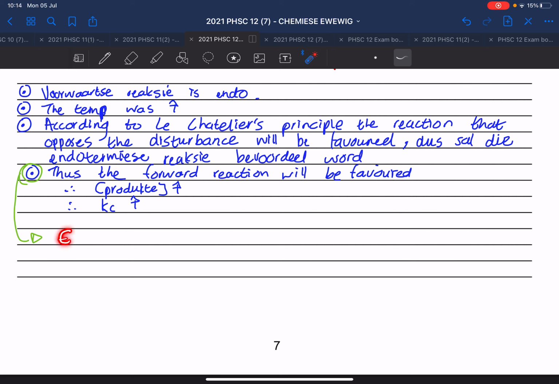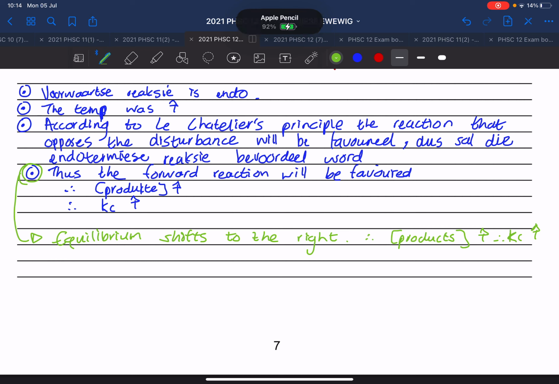You can say the equilibrium shifts to the right. Ons gaan oor 15 minute 'n breek neem, hoor? Ewewig skuif na regs. So en dan kan jy sê, dit wil sê die konsentrasie van die produkte increase. Okay. So I can either ask the Kc or the equilibrium.